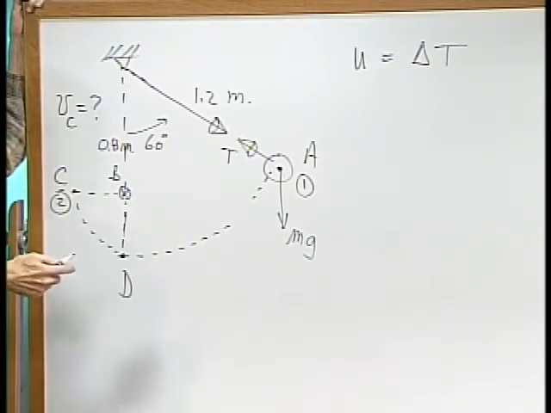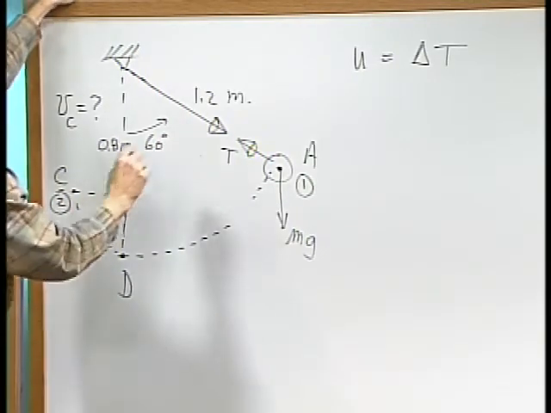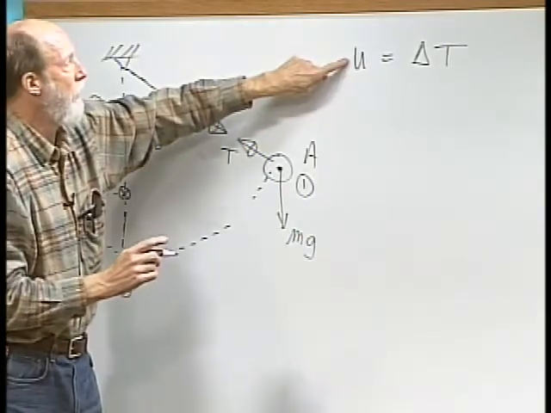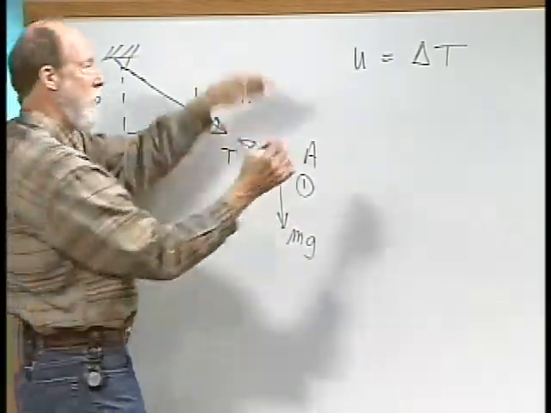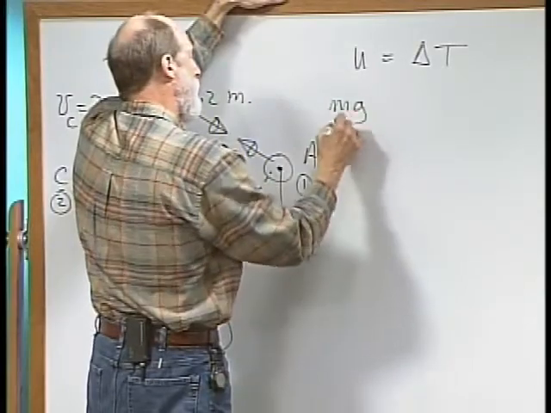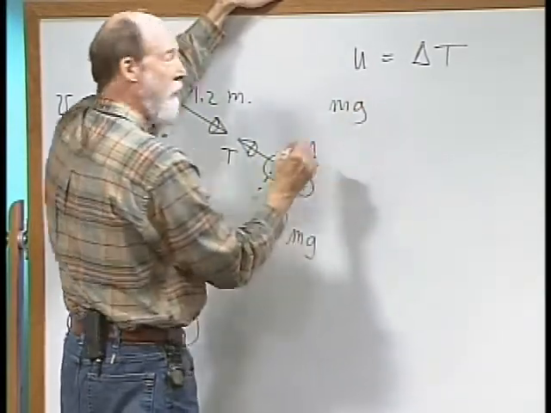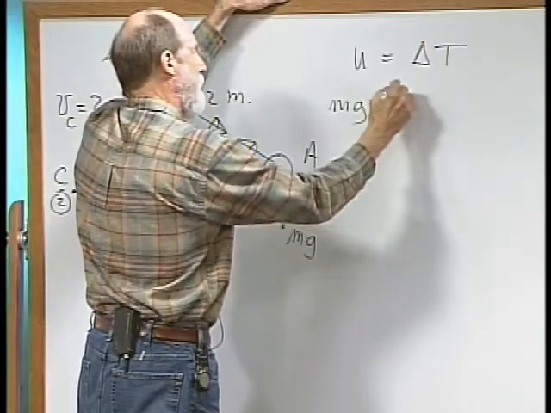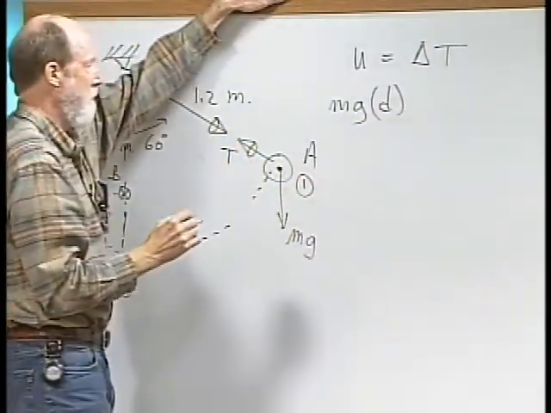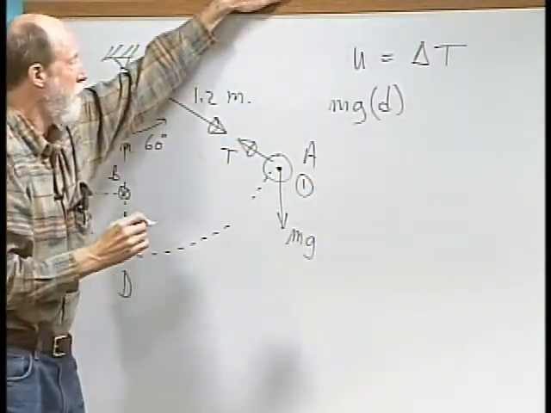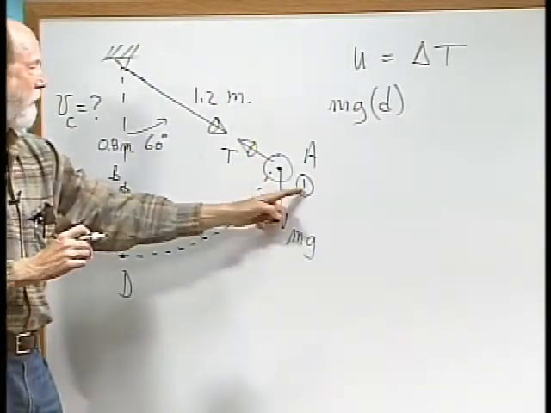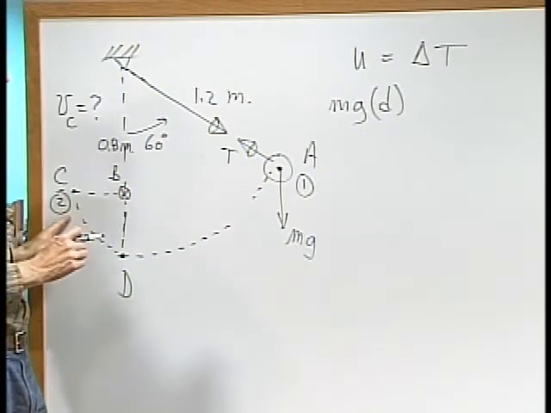mg, however, does. So we better look at the geometry here a little bit, because we need force, mg, times some distance traveled. And so let's figure out what that distance is in moving from position 1 to position 2.